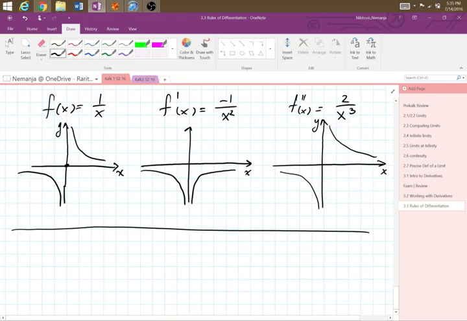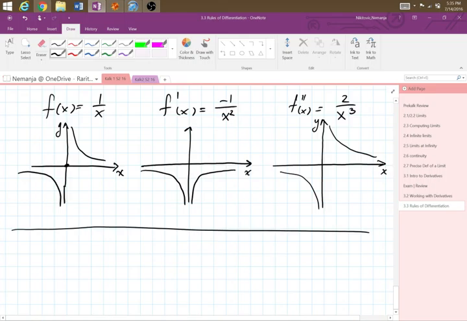e to the x is always e to the x, so the 137th derivative of e to the x is e to the x. Okay.